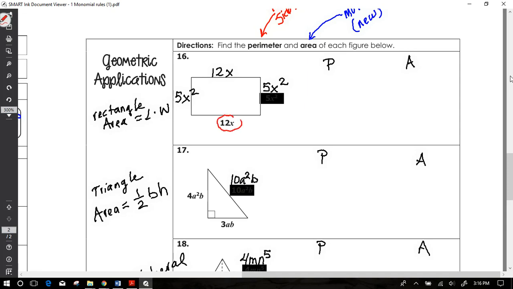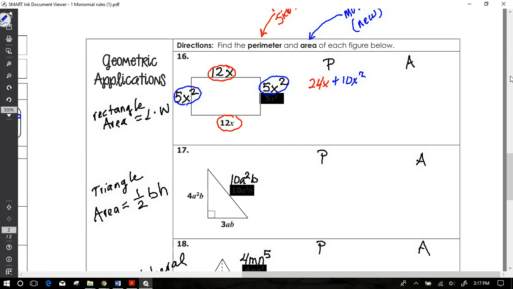So 12x and 12x gives me 24x. And then 5x squared and 5x squared, that's a 10x squared. So that's my work for perimeter. That's completely all that I do. It's exactly a review of what we've done before.